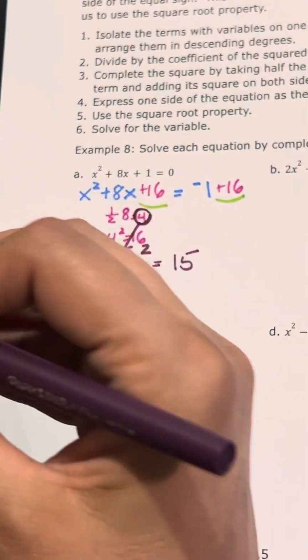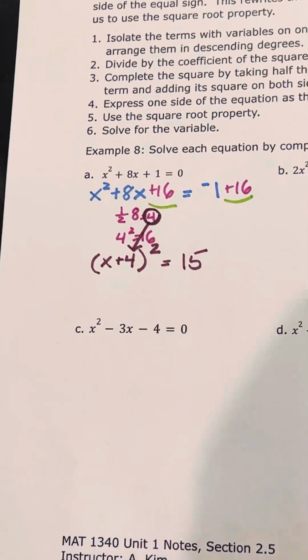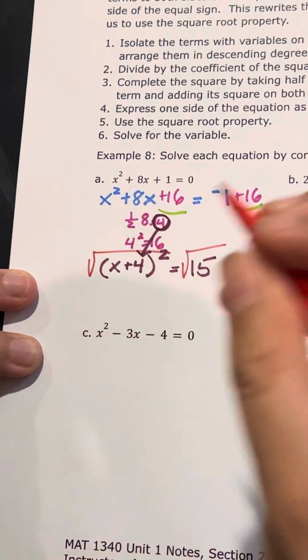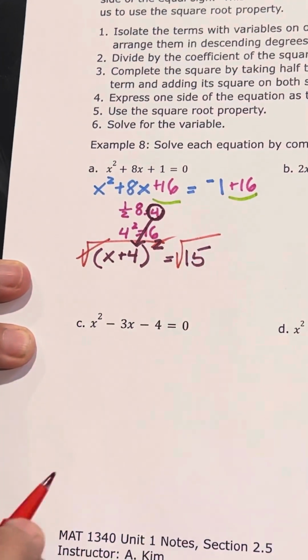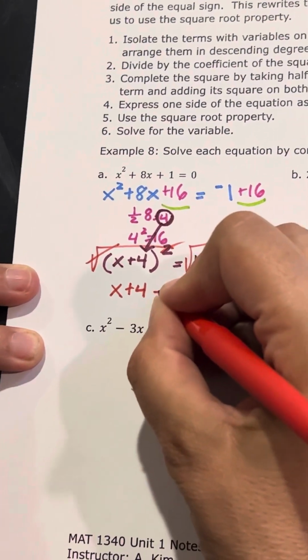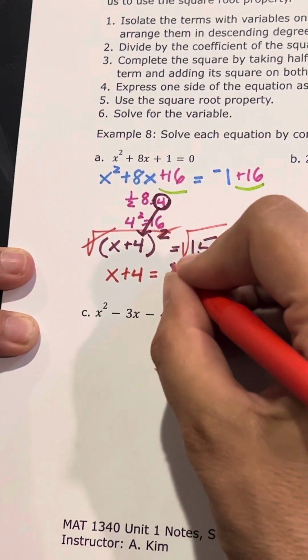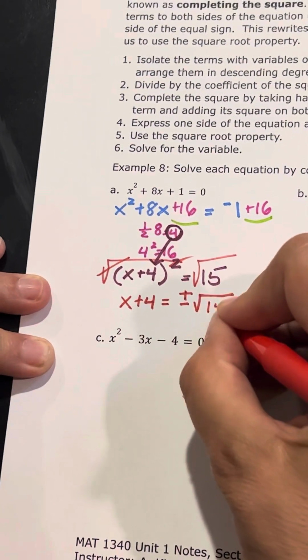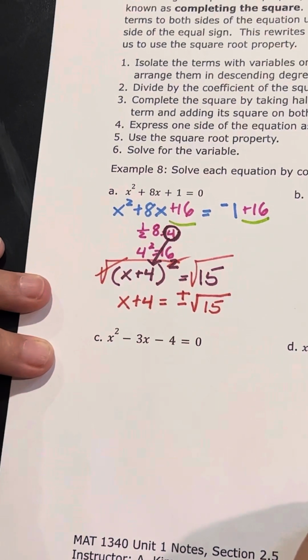Now we know how to solve that: square root property. So we take the square root of this and the square root of this. The square root of this side cancels that out, and we just have x plus 4. And then over here we have equals plus or minus the square root of 15. Now you can't simplify that anymore.